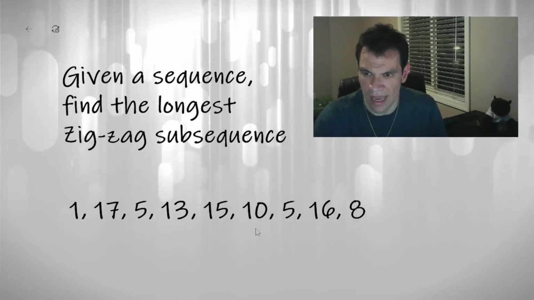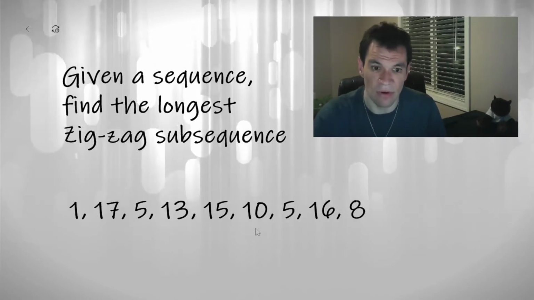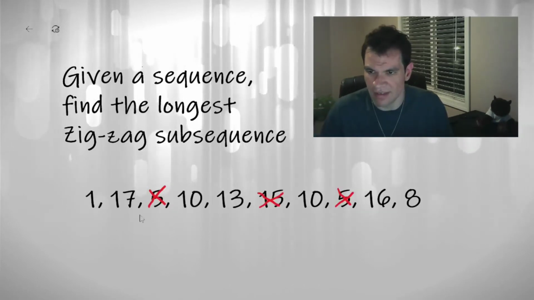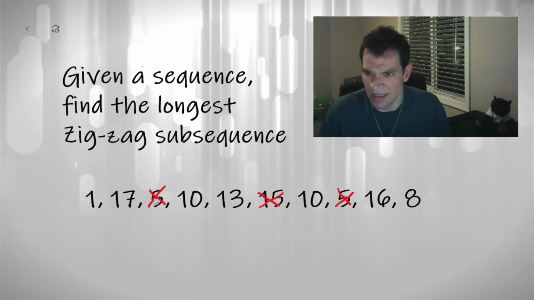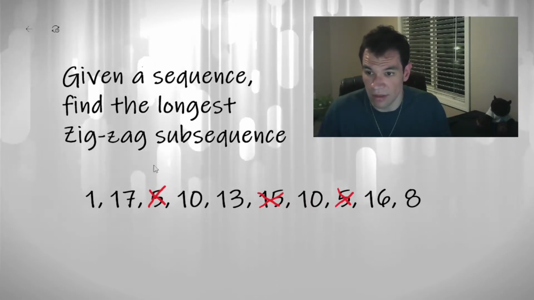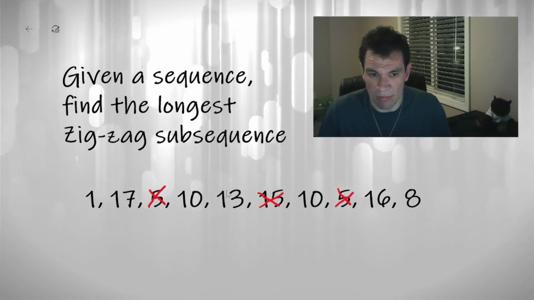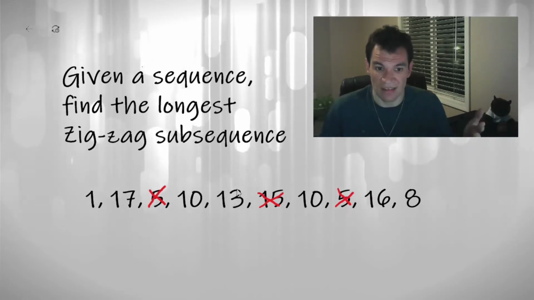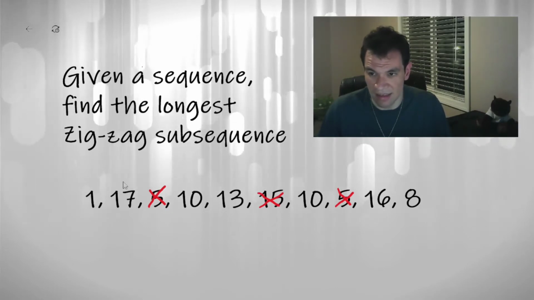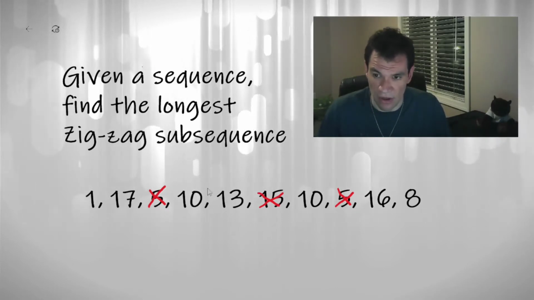And also every sequence is a subsequence of itself. For this case, if we delete this number that I just wrote out, the remaining sequence is a zigzag subsequence. And for this case, this is the longest one.